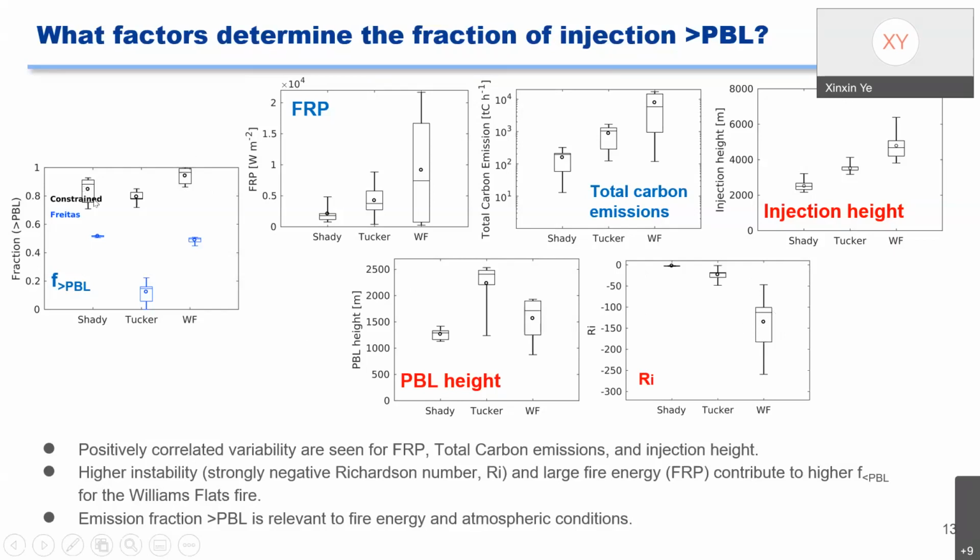However, the Shady and Tucker fires show very similar fractions of injection, and the Richardson numbers are also less negative compared to the Williams Flats fire. Also, PBL height shows some relationship with the fraction of injection, as the Williams Flats fire shows a higher fraction of injection.